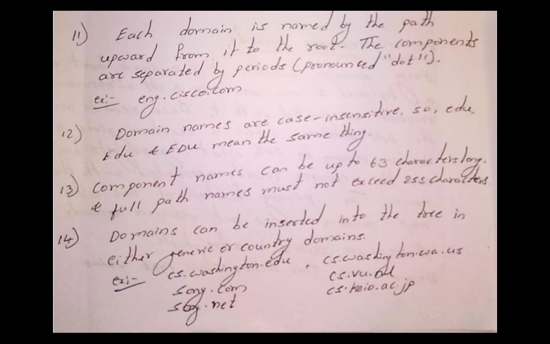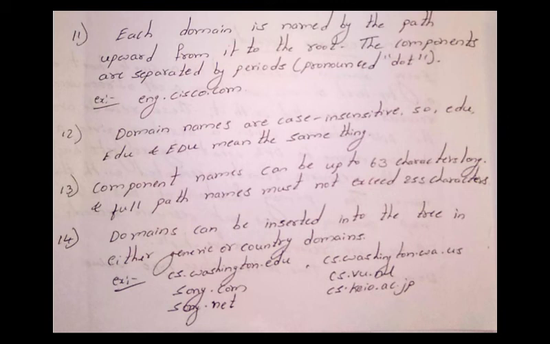So the domain can be inserted into the tree either under the generic domain or under the country domain. Generic domains have extensions like .edu, .com, .gov and so on, and a country domain has an extension of the country code, like .us, .nl, .jp.